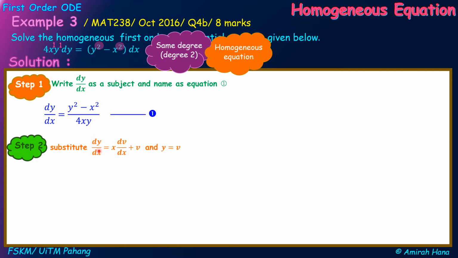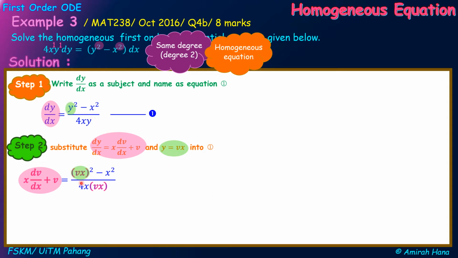Substitute dy over dx equals x dv over dx plus v and y equals vx into equation 1. After we substitute, we get this. Let me check one by one. We substitute dy over dx equals x dv over dx plus v, and then we substitute y equals vx.